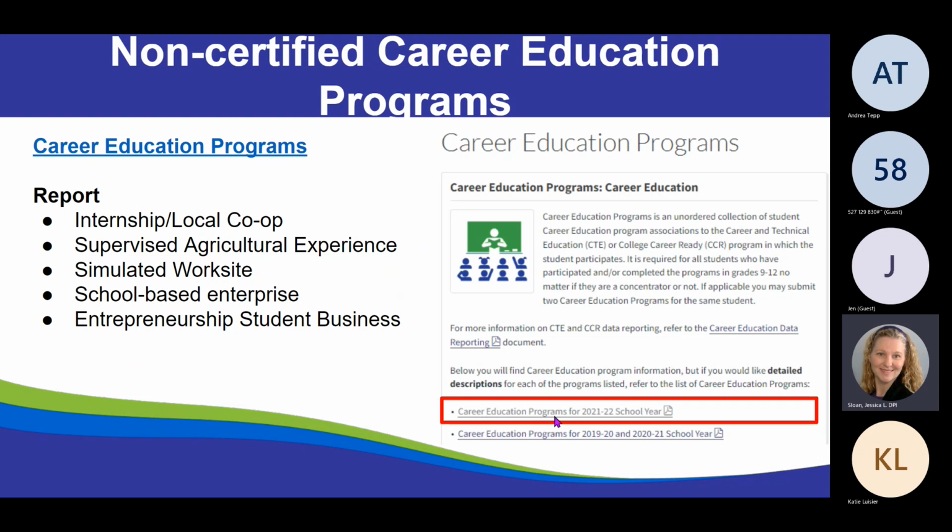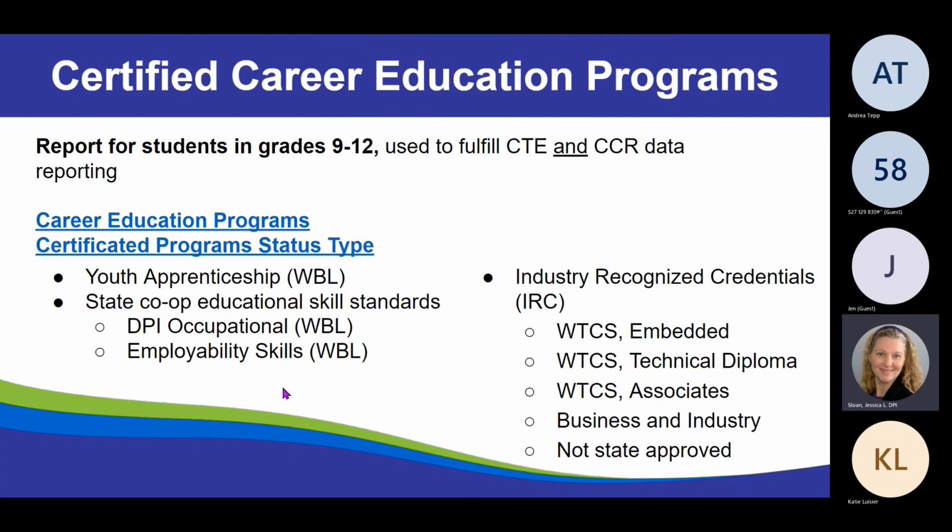Okay. So there is a web page to define this. There is Career Education Programs 21-22, download a document with definitions of what each of these bullet points are, that you can use and also work with your teachers to use. Okay. So the next slide is certified career education programs.